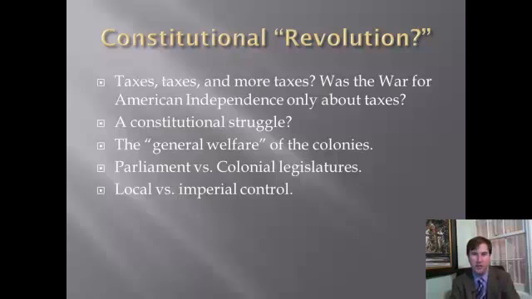The taxes they were paying, in fact, were very small compared to the taxes they would have been paying if they lived in England, for example. But these taxes were unconstitutionally levied because they were not levied by the colonial legislatures themselves. They were levied over in England by Parliament. So that was the rub. And as we go through this, you'll see what I'm talking about there.